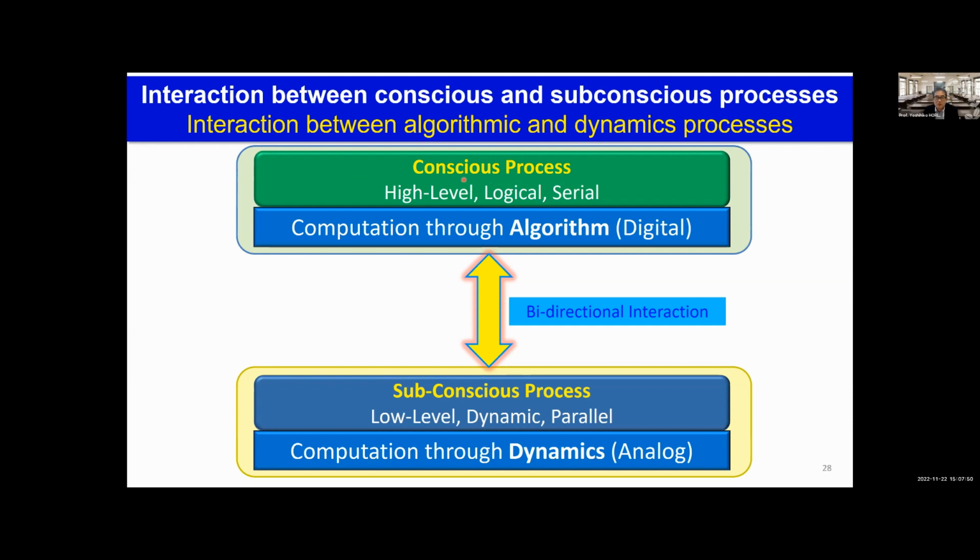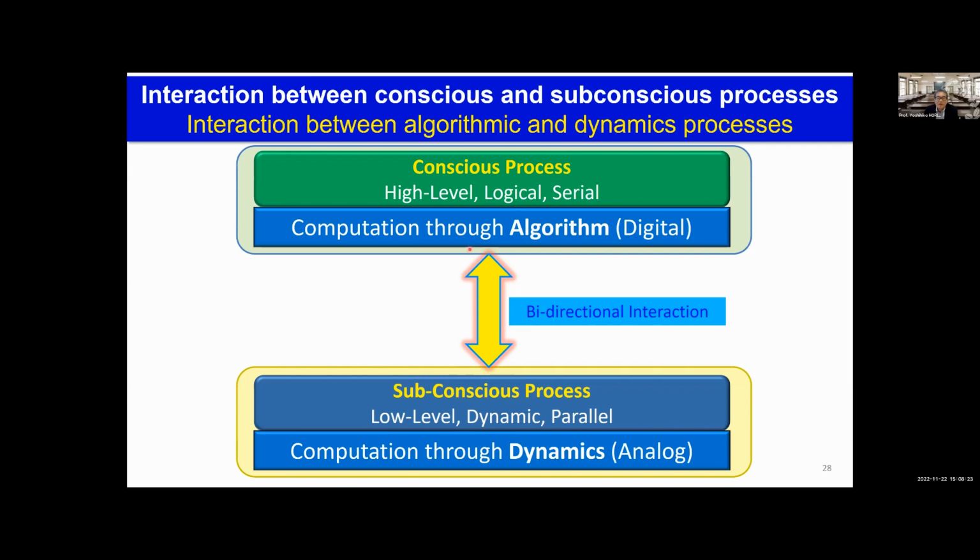The conscious process is the high-level, logical, and serial process. So there's just one process in the brain. Subconscious processes are low-level, dynamic, and parallel, and there is a much larger number of subconscious processes in the brain. Those two processes interact with each other through bidirectional interactions.